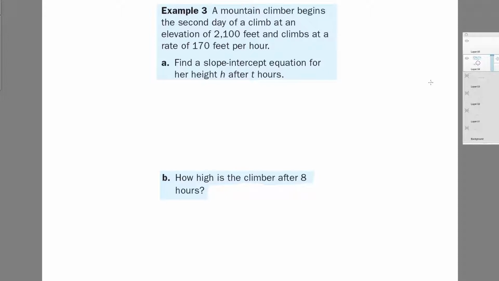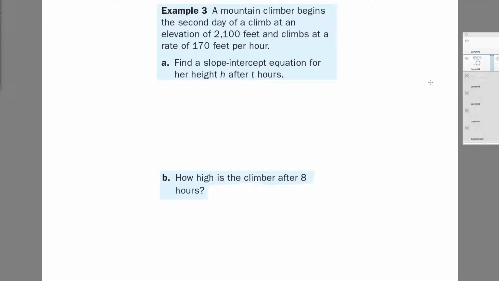What's important in this is what's known as a direct variation problem. The rate, the slope, is 170 feet per hour, and it's constant. So that means it's going to form a straight line. So the rate and the slope are going to be the same thing here. I want to write a slope-intercept equation for this problem.